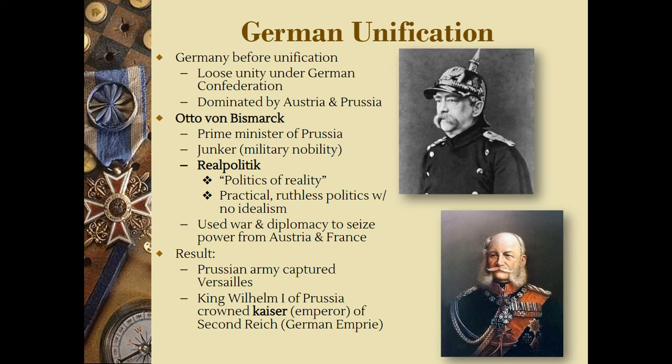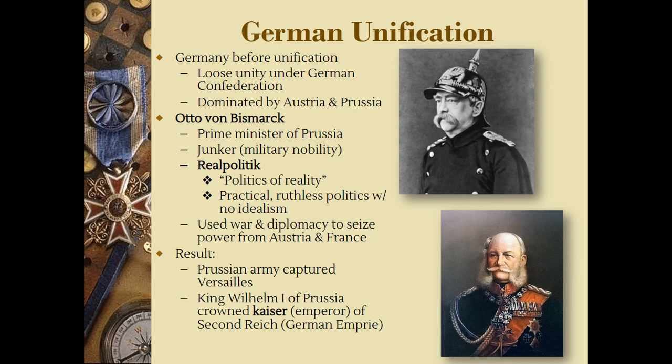So there's German-speaking people in Prussia. In Prussia, a new prime minister is appointed, and that is Otto von Bismarck. He is part of the Junkers. They are a military nobility, and he takes a little bit of a different approach to the unification of Germany. He talks about or exercises what we call realpolitik.